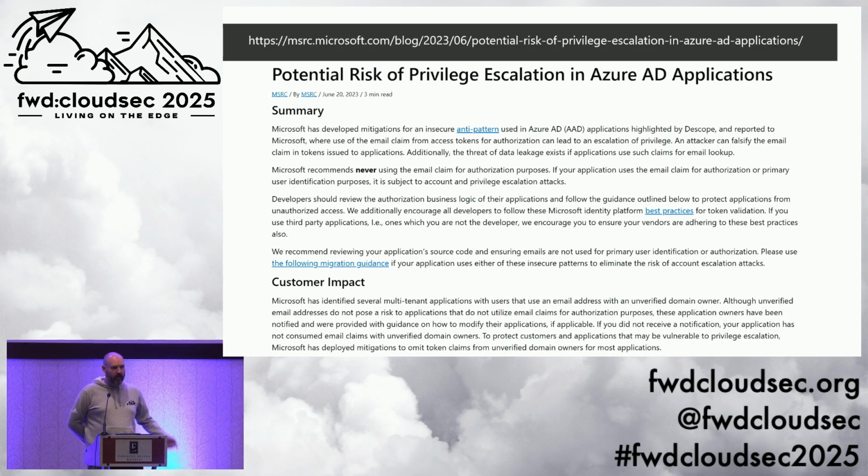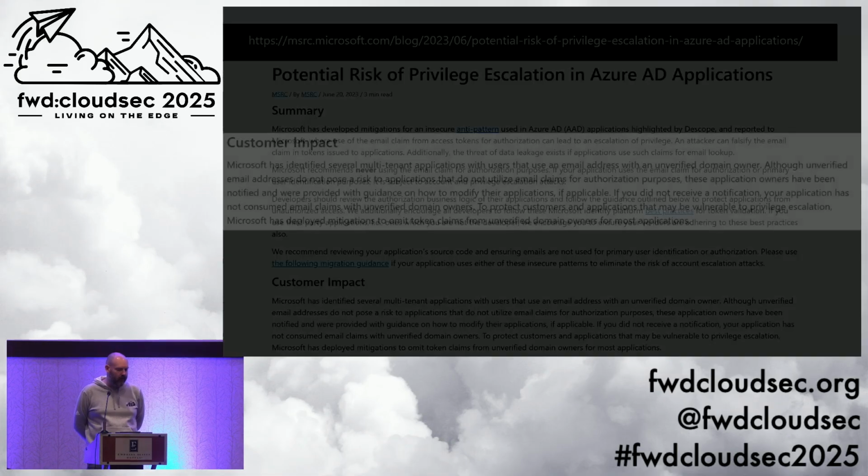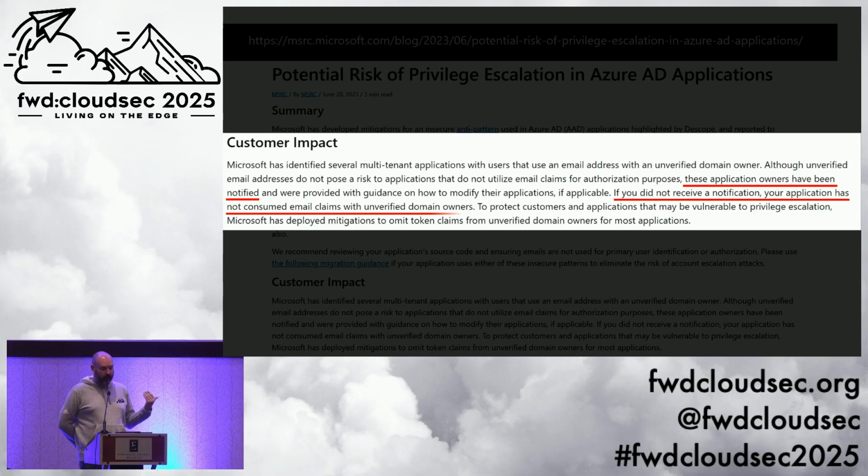When this was published, MSRC put out a blog article on risk of privilege escalation in Azure AD applications. Within this, I thought the customer impact piece was interesting, and I really need reading glasses here. The only slide I'm going to read to folks: Microsoft has identified several multi-tenant apps with users that use an email address with an unverified domain owner.